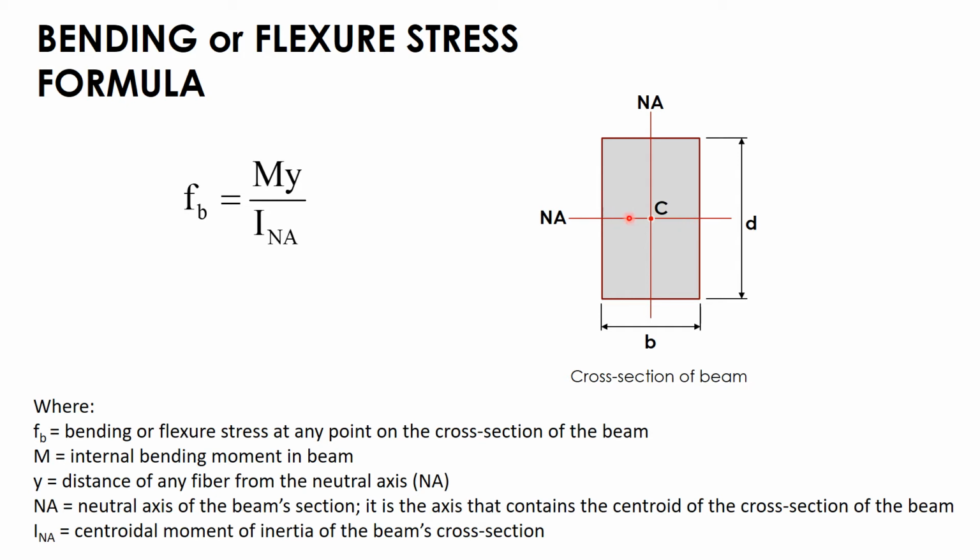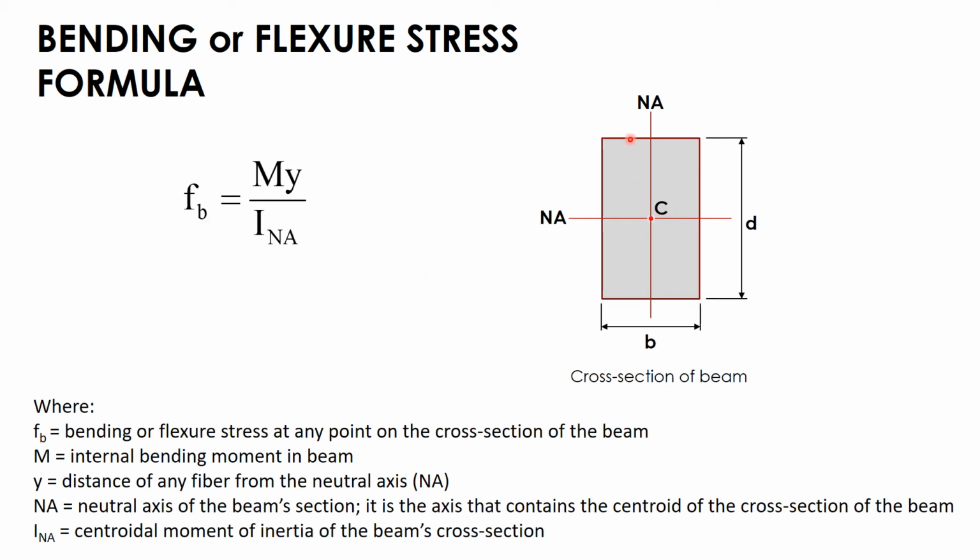Kasi nandun mismo yung fiber na kinukuhanan mo ng flexure stress sa neutral axis. So, which means that about the neutral axis, ang bending stress dyan ay 0. But, with regards to the shear stress, yun namang fiber dyan or element dyan, mataas naman ang value ng shear stress kasi yung area ay itong kalahati ng beam. So, kaya parang opposite silang dalawa.